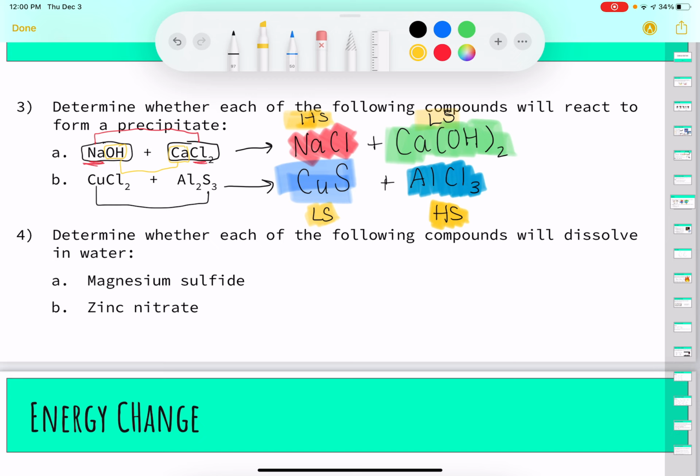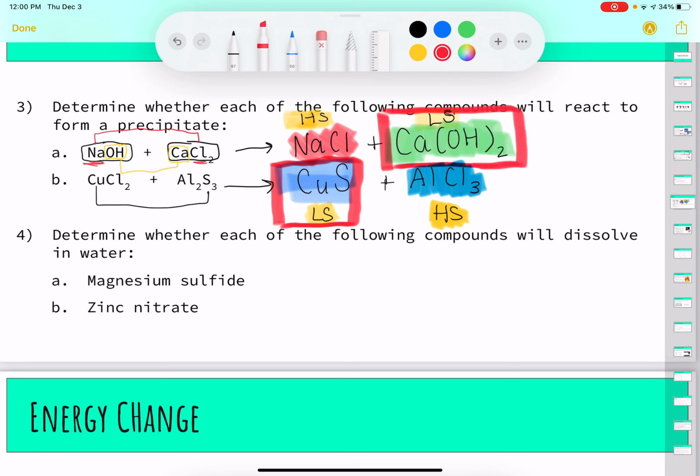So the question's asking which compounds will form a precipitate. Well, in this case, we've got aluminum chloride is the one that's forming the precipitate. And no, sorry. Not the one that's high solubility, the one that's low. So this one will be forming a precipitate, and this one.